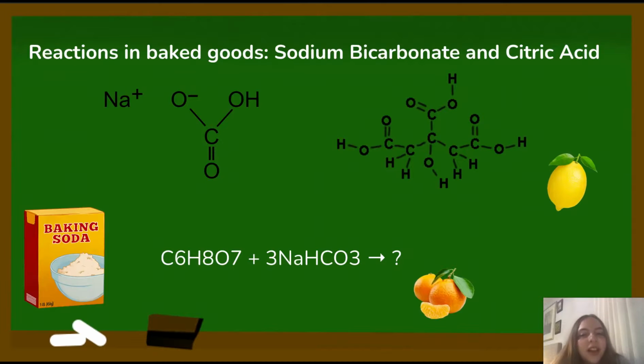More specifically, we're going to be looking at the chemical reaction between sodium bicarbonate and citric acid, better known as the reaction between baking soda and citrus fruits, which should cause baked goods to rise, the reaction of leavening.